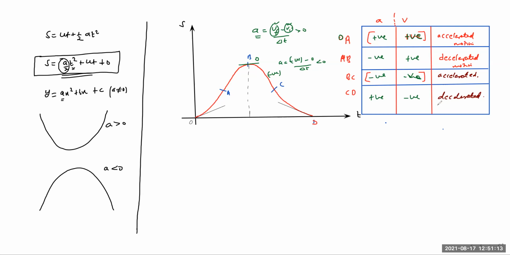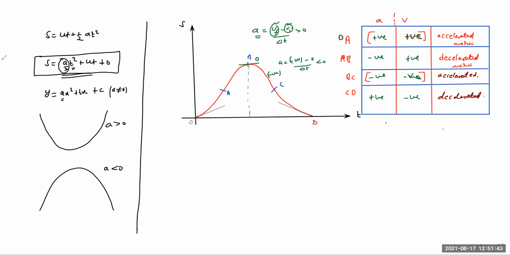Okay. So if you just look at the mathematical values of A and V, you will get sometimes positive, sometimes negative, and for the four different intervals, I have written all the signs. What we are concluding is that whenever A and V support each other, it means they are in the same direction, or mathematically they have the same sign.